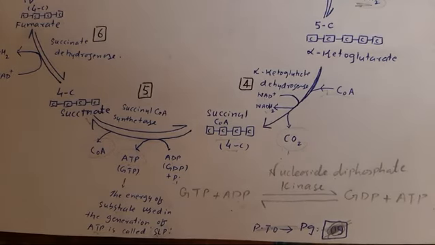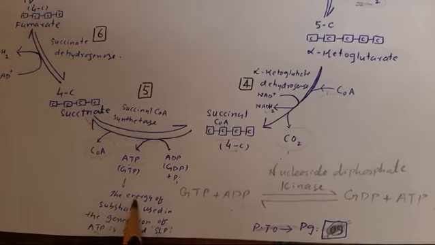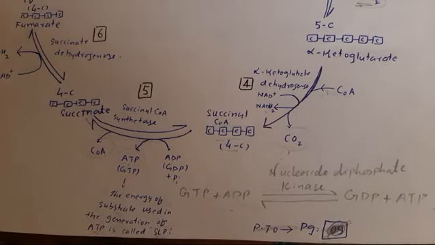Why is it called substrate level phosphorylation? Because the energy of the substrate is used in the synthesis of ATP. If you recall from the light reaction, there we studied photophosphorylation, the synthesis of ATP from ADP and inorganic phosphate using the energy of sunlight.